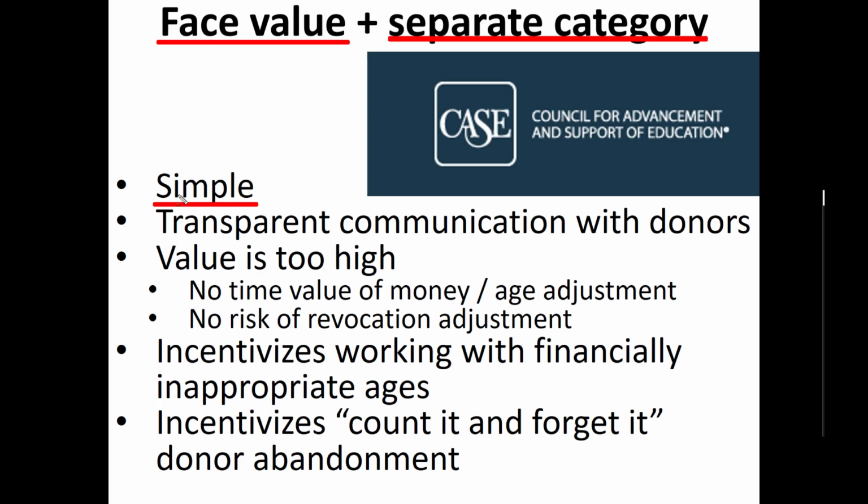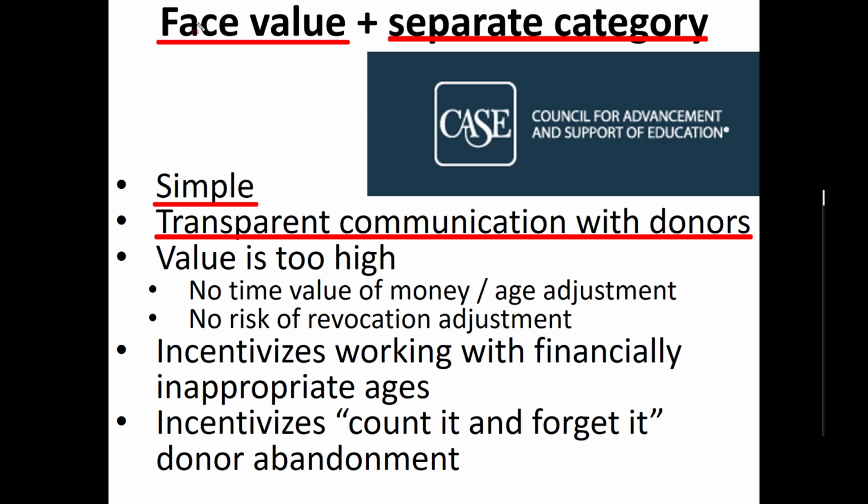Very simple. Another reason is that this is transparent communication with donors. Now, this is very important, and it's one of the reasons why I would be adamant that if you are communicating with donors, the value of the gift is always the face value.